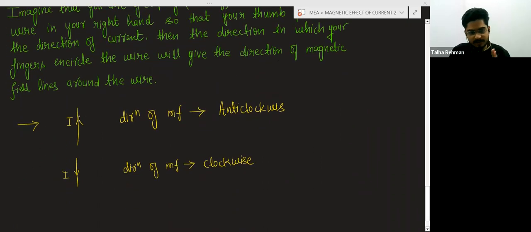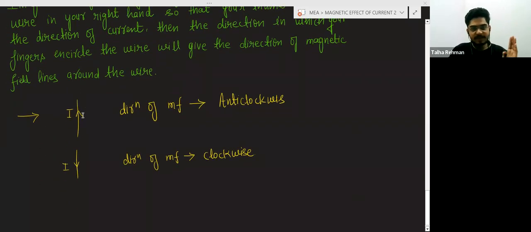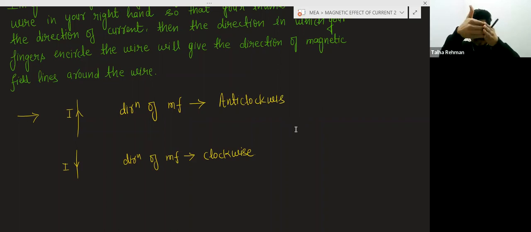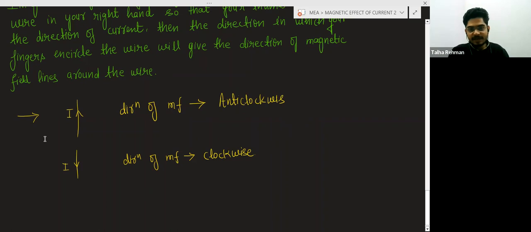For example, if the current is in this direction, the magnetic field will be anti-clockwise. You will point your thumb in the direction of the current and encircle your finger. Encircling your finger is in anti-clockwise direction. That is why around this wire the magnetic field lines will be in anti-clockwise direction. If the current is going in the downward direction, then the direction of the magnetic field will be clockwise, like this. Okay.